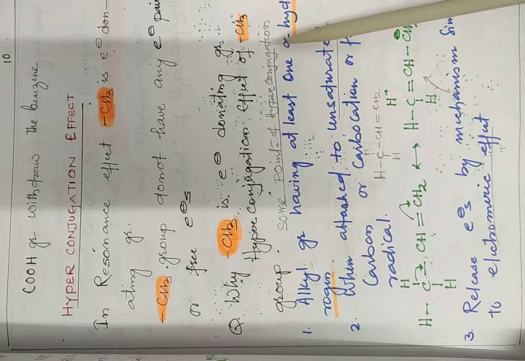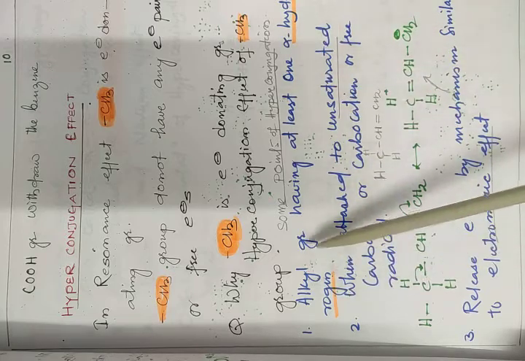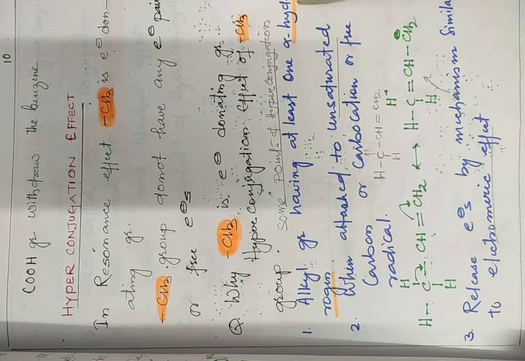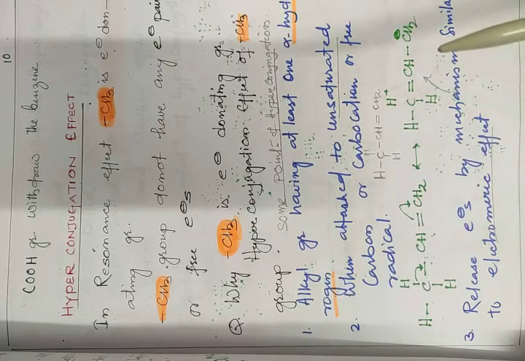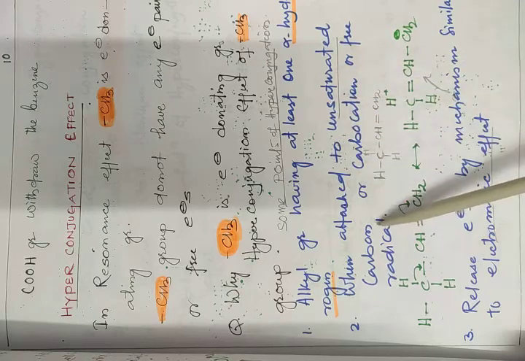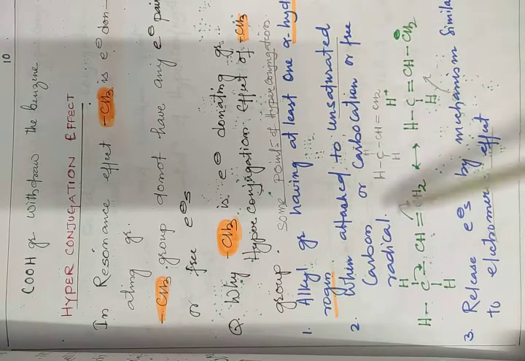Now let's see some points of hyperconjugation. The alkyl group has at least one alpha hydrogen. So in hyperconjugation it will have at least one alpha hydrogen. Then it is attached to an unsaturated carbon, carbocation or free radical.